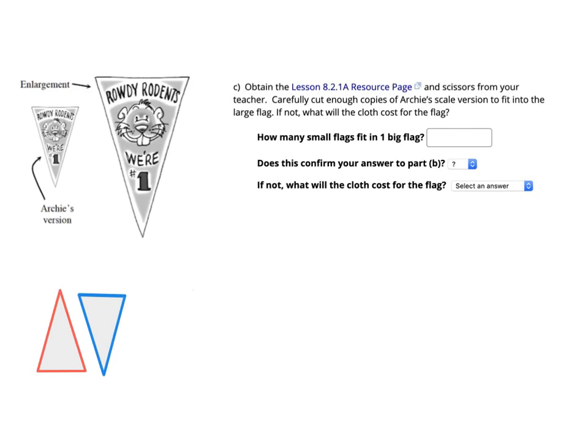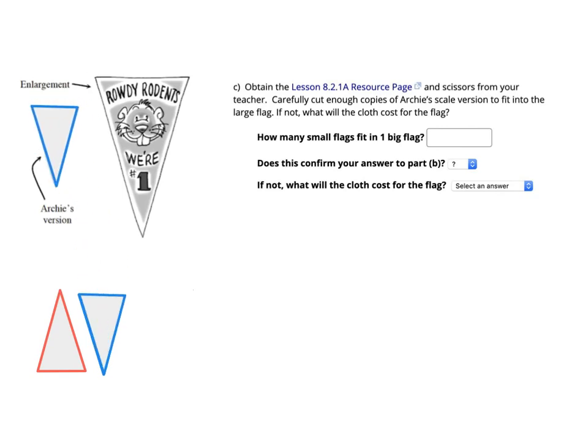In order to figure out the cost of the flag, what we need to do is see what the comparison of the areas is. In other words, we know that the height and width are each twice as big, but does that mean the area is twice as big? To figure that out, we're going to take each of these little triangles.